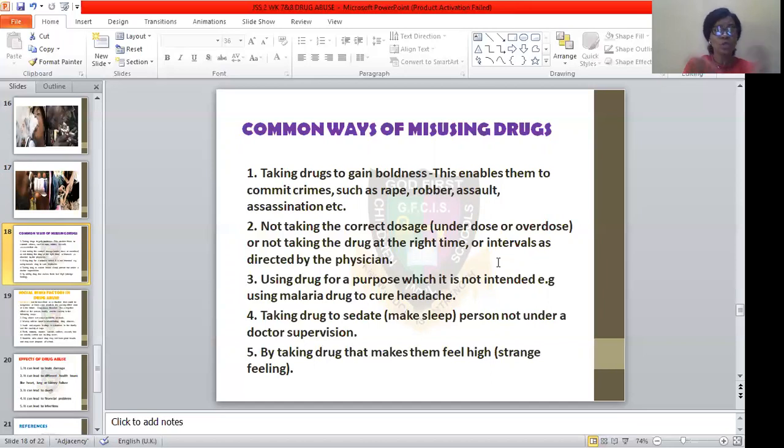And in no time, you feel well again, instead of taking a particular drug to make you sleep or to sedate you, especially if it is not prescribed by a doctor or you are not under the supervision of a doctor. It is very wrong. It is a common way in which we misuse drugs.